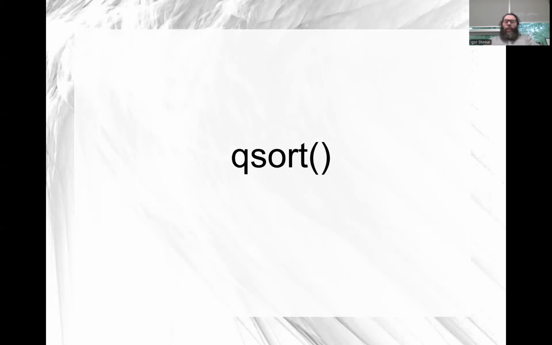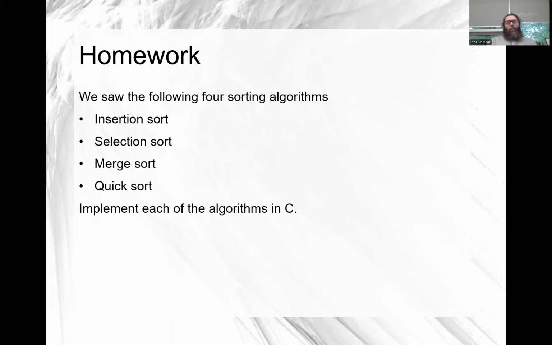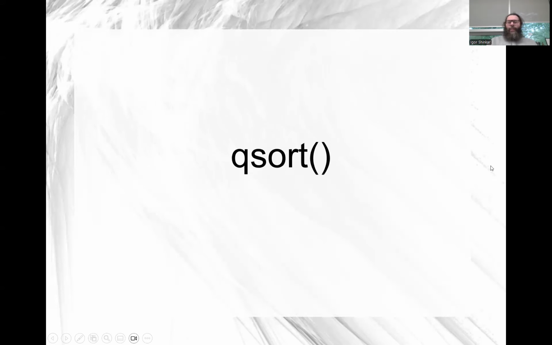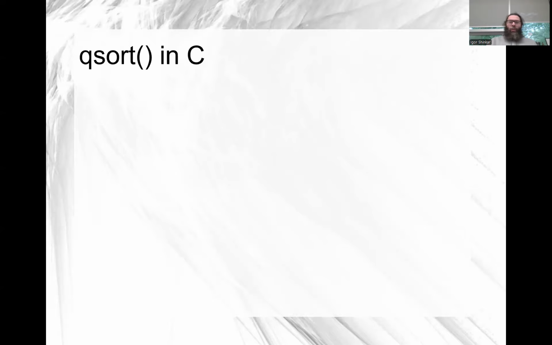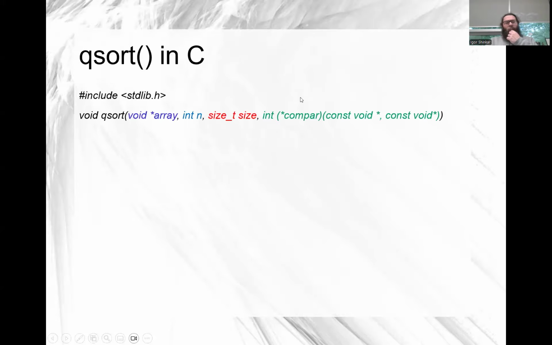What we're going to do next is, sorting algorithms are kind of standard, and it turns out that C has a sorting algorithm built in. The function is called qsort, I guess, for quicksort. And it's included in the stdlib library. I will try to explain what's going on here.